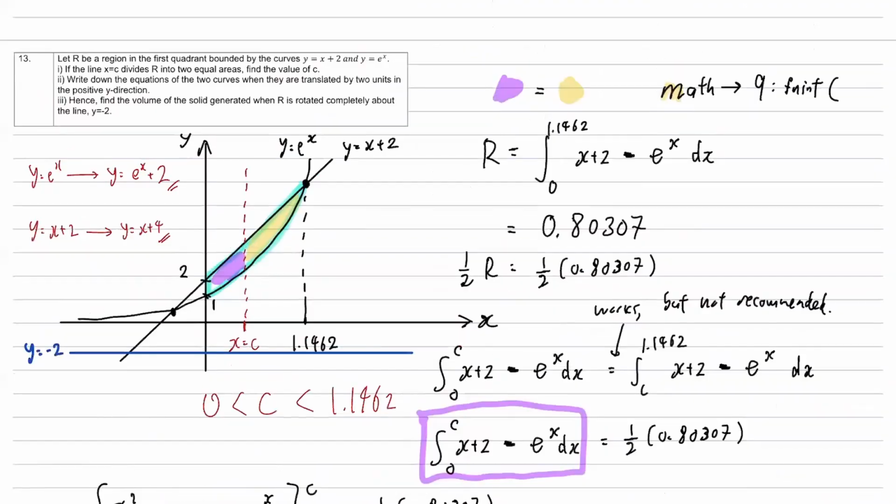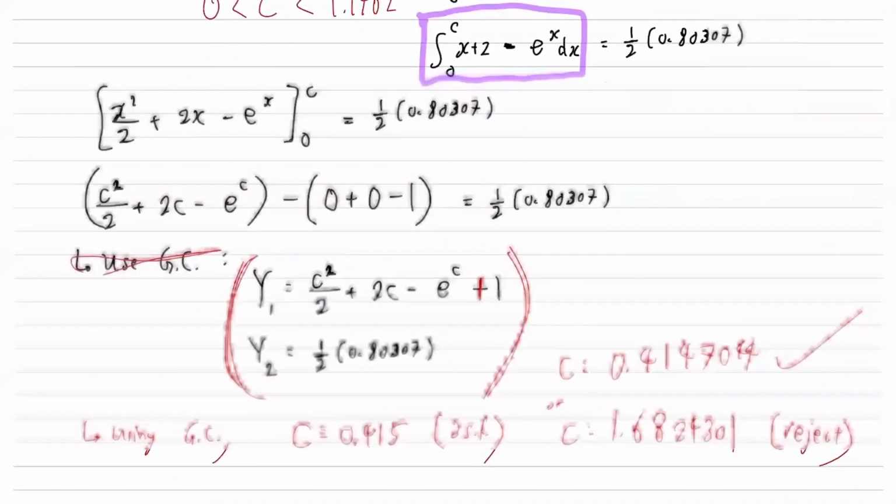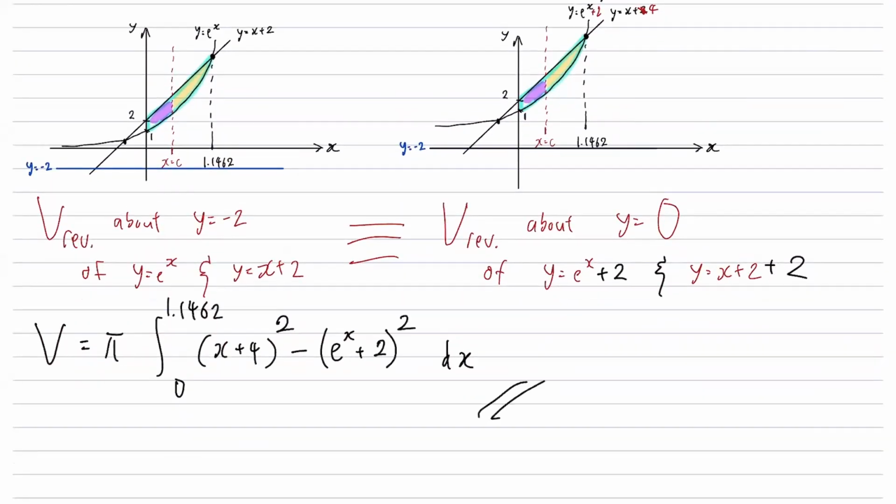Oh yeah, not plus 4. Okay, close bracket, then square. That's the answer. You just need a numerical answer. Just sub in the calculator. You'll get 20.3, I think. Units squared. Clear?